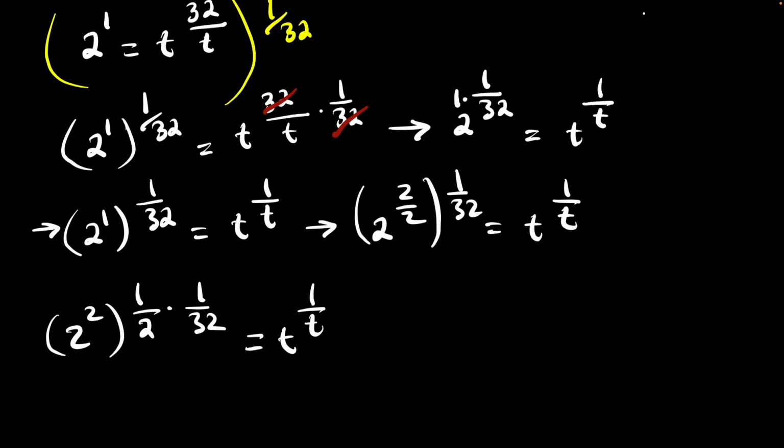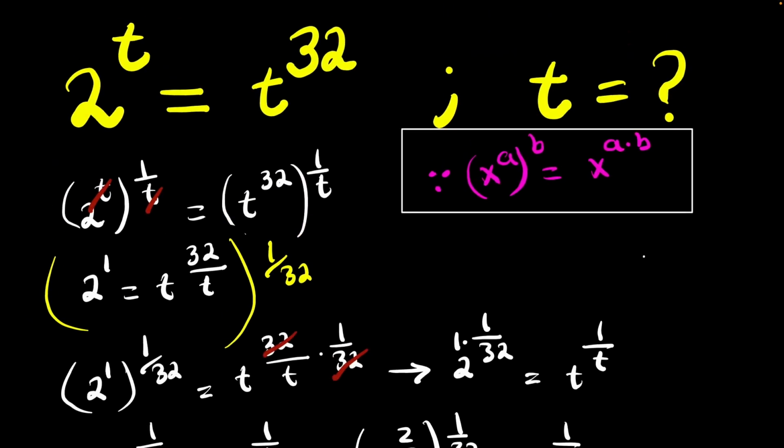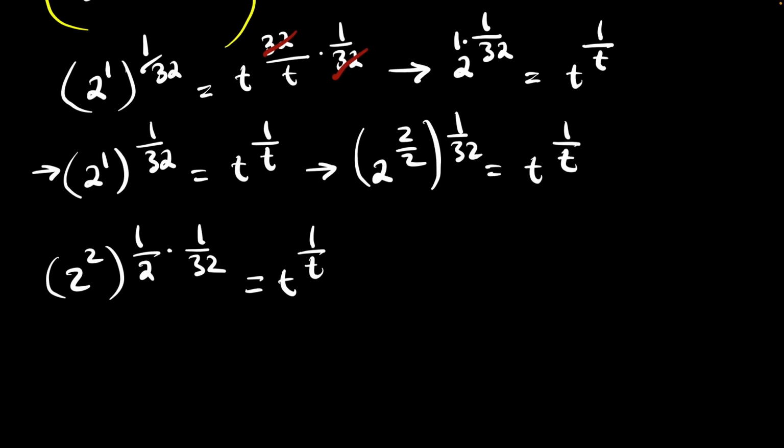As a hint, we don't change the right side. We just want to make these two equal, so that we can find the value of t.